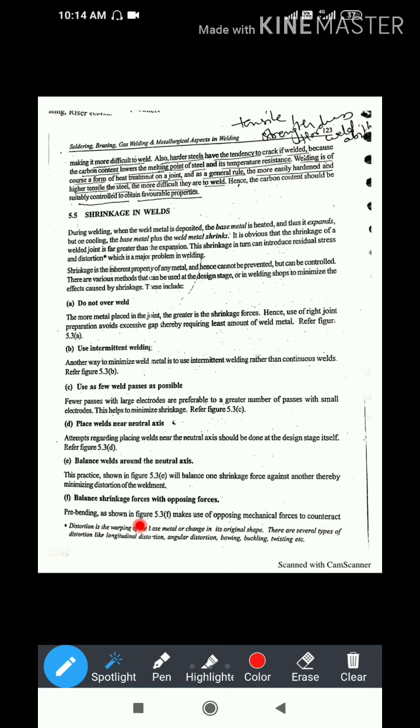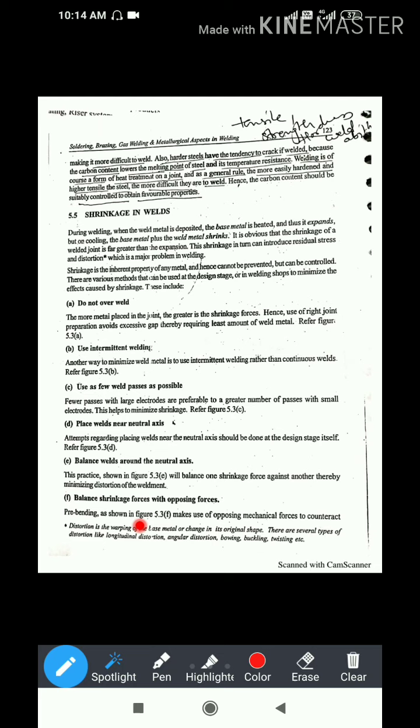When it starts to solidify, it changes shape. The liquid pool where the molten metal is, when it converts into a solid, its shape is changed, meaning the dimension and size have changed. That is called shrinkage.